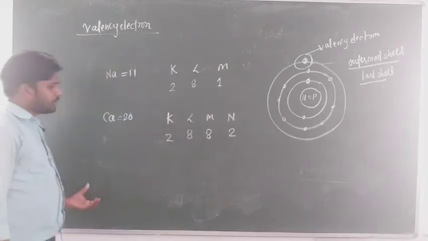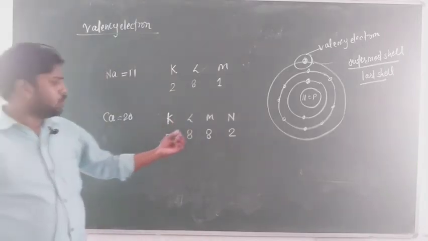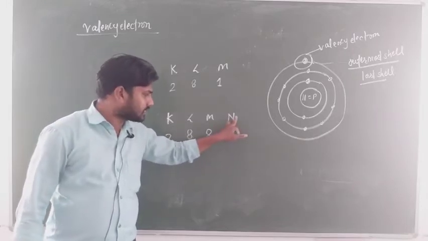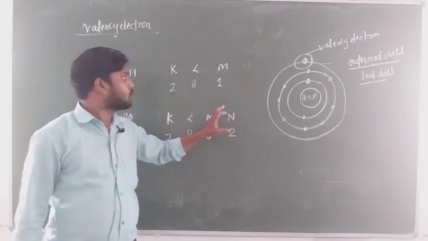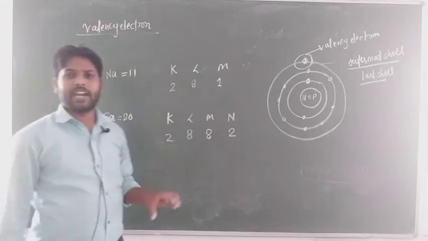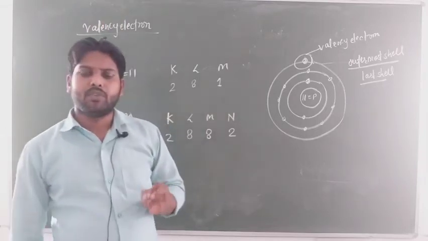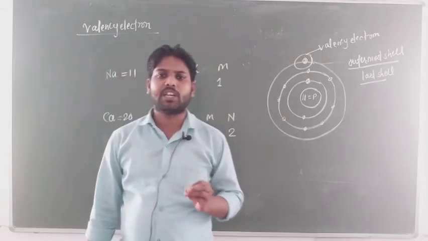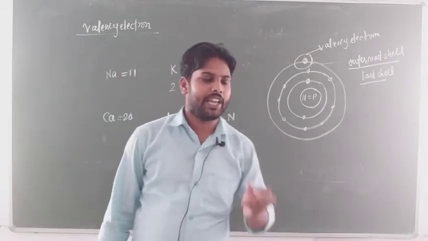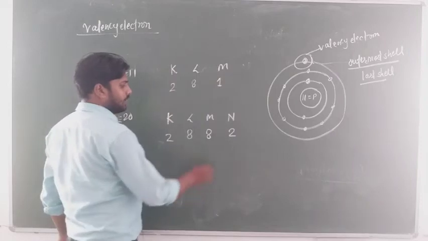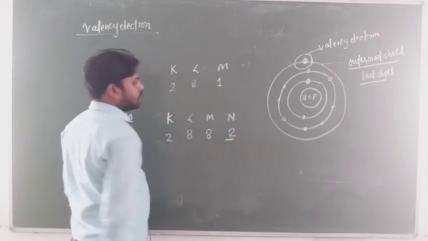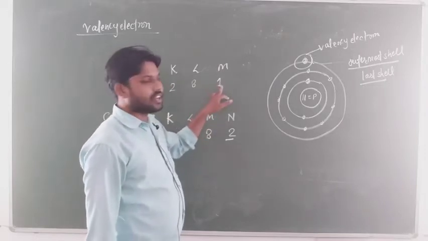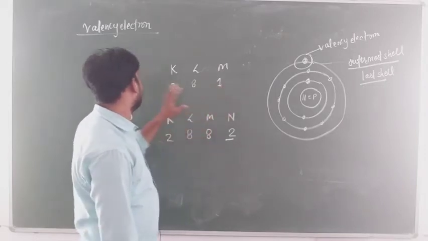So in this atom, 2 electrons are present in the last cell. Those electrons present in the outermost cell are known as valency electrons. So we can say that 2 is the valency electron of calcium, and 1 is the valency electron of sodium.